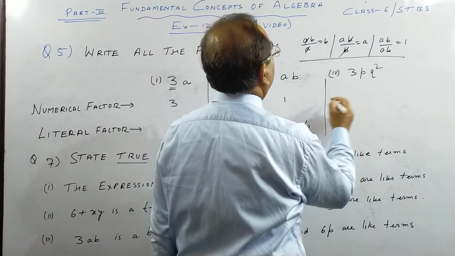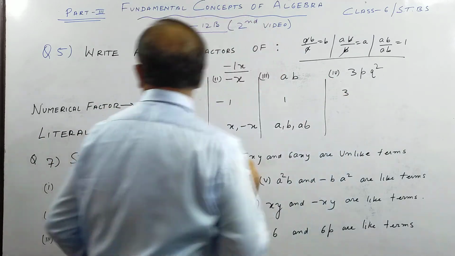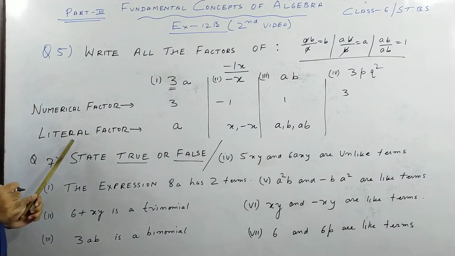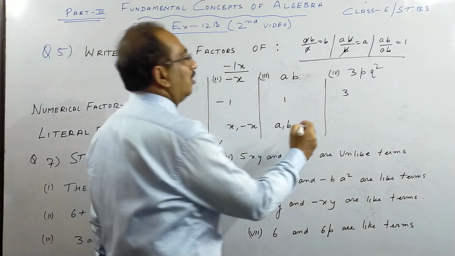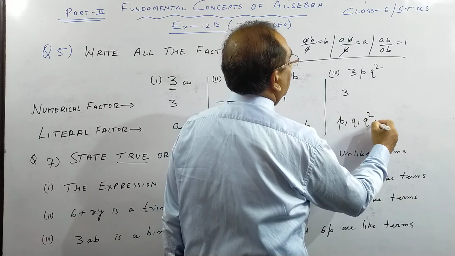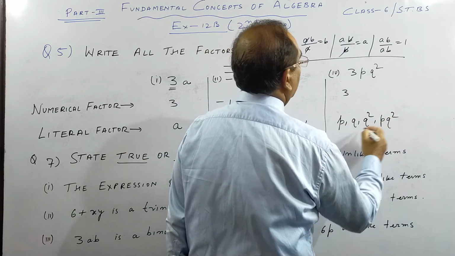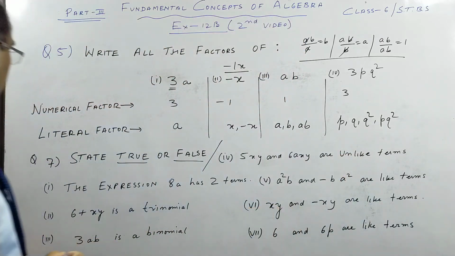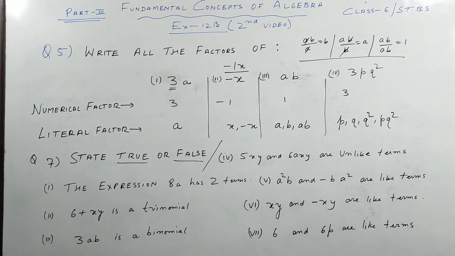The last part 3 is your numerical factor. Literal factors we have many: P, Q, Q square, PQ square. So these all are your literal factors.